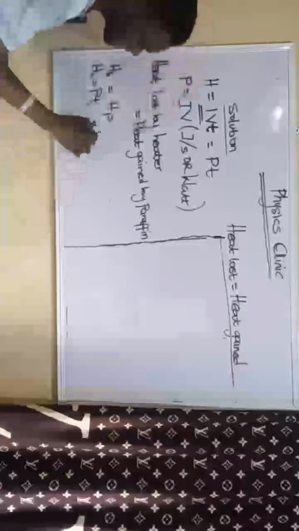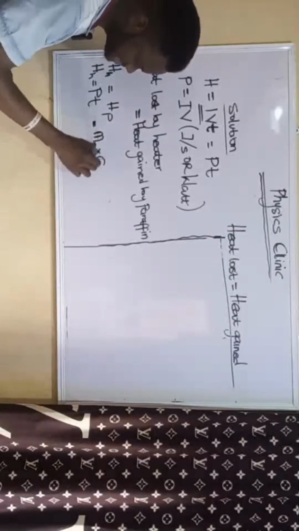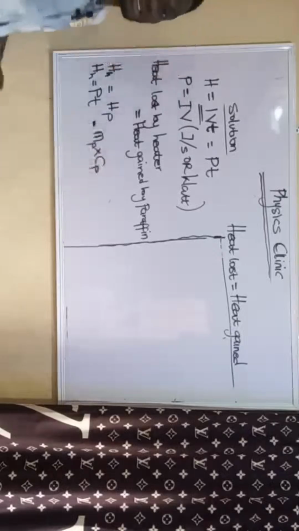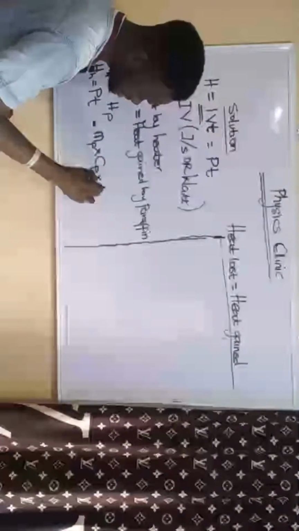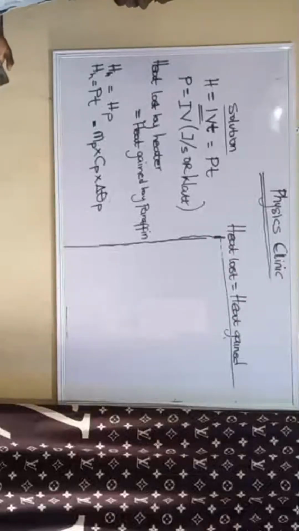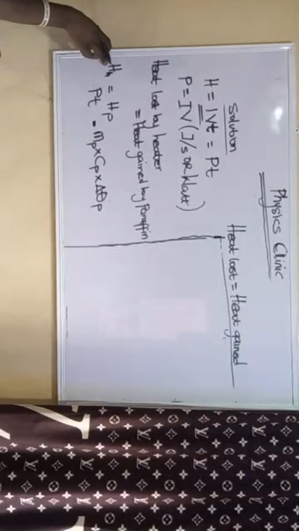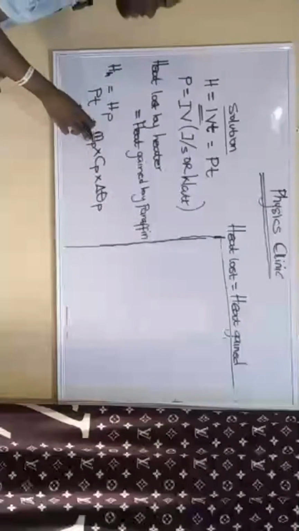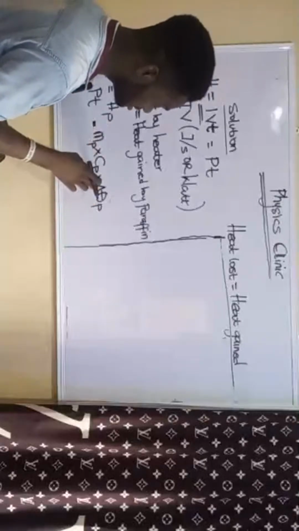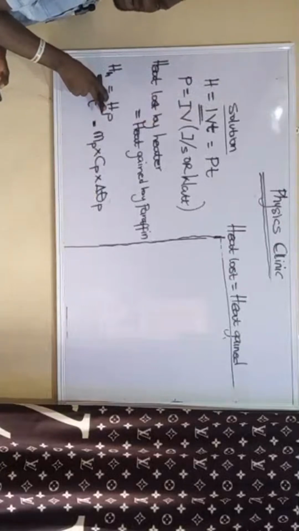And the heat gained by paraffin depends on the mass of paraffin times the specific heat capacity of paraffin times the temperature change that paraffin went through. So PT stands for the heat lost by the heater, and MP, CP, delta theta P stands for the heat gained by the paraffin.